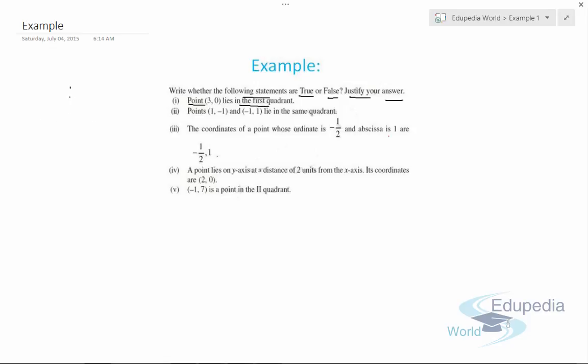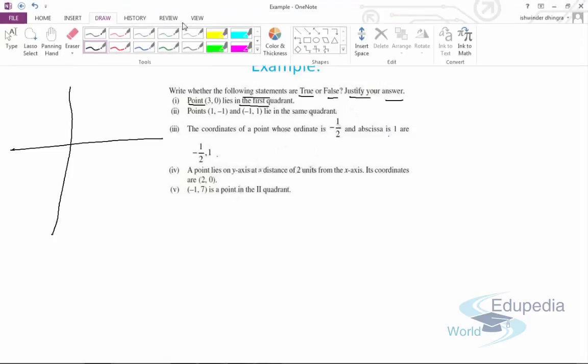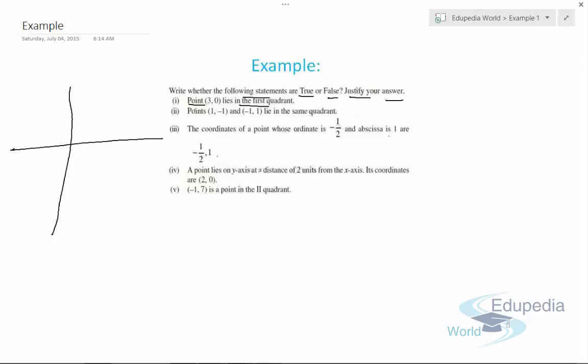So let me draw the plane first. Now suppose this is a Cartesian plane, and as we know this is the first quadrant, this is the second quadrant, this is the third quadrant, and this is the fourth quadrant. In the first quadrant, x is in the positive direction, y is in the positive direction.